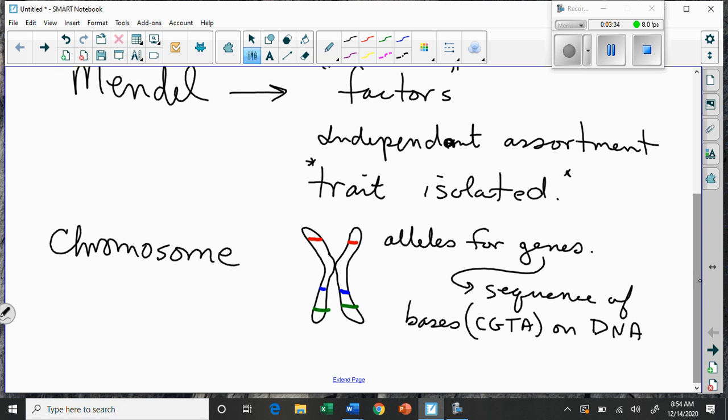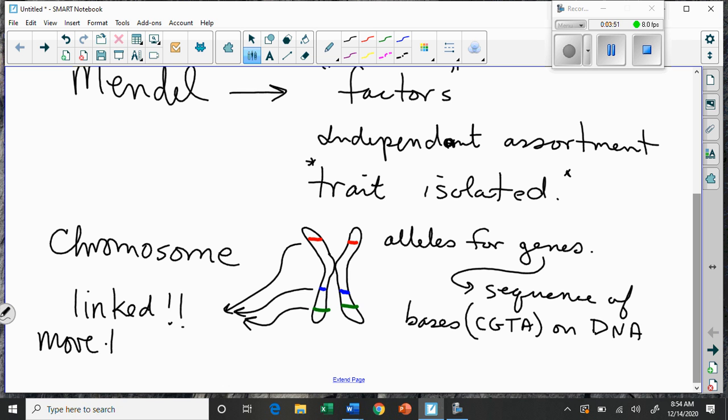Whatever genes are on this chromosome all move together in meiosis. So these three genes are linked together chromosomally, if that's even a word. They move together on the same chromosome, those alleles.